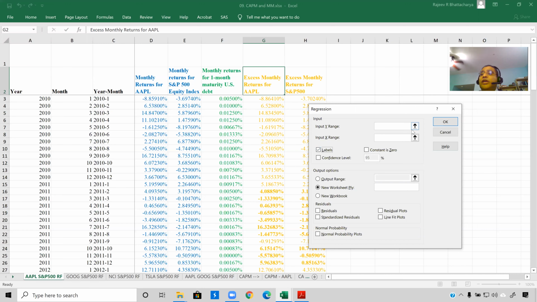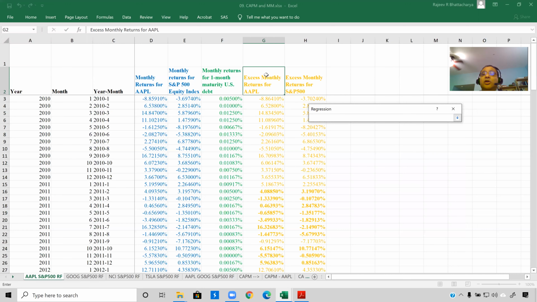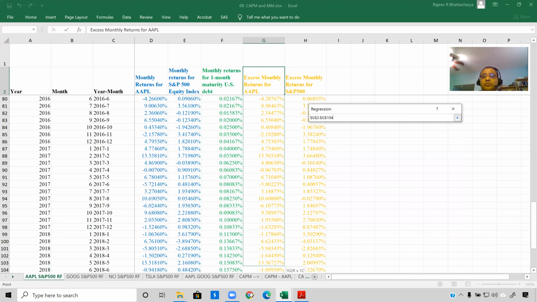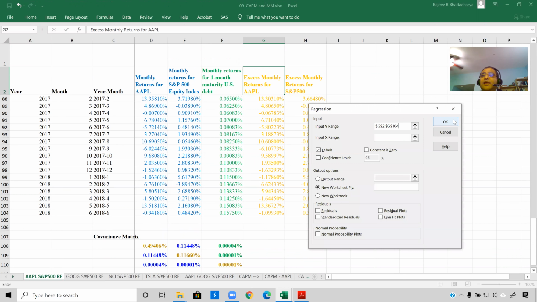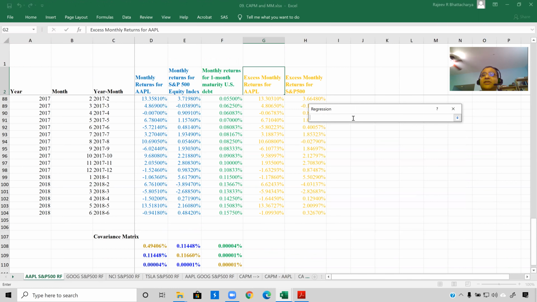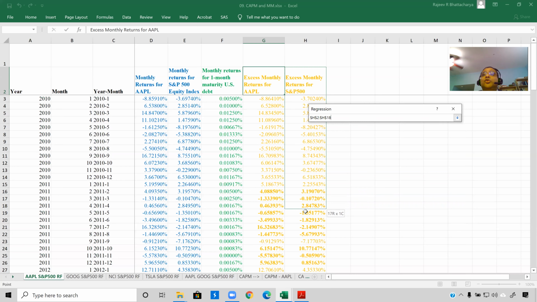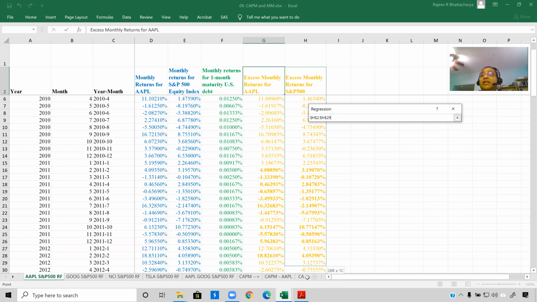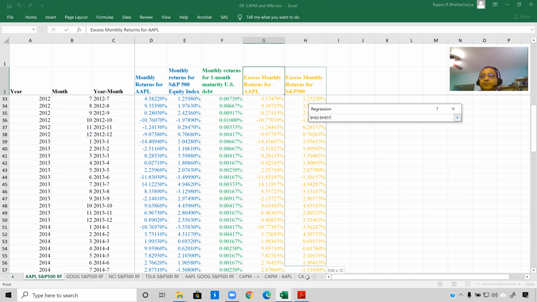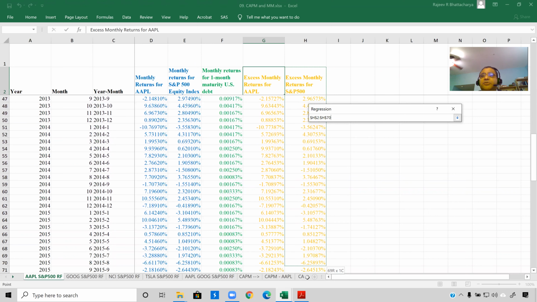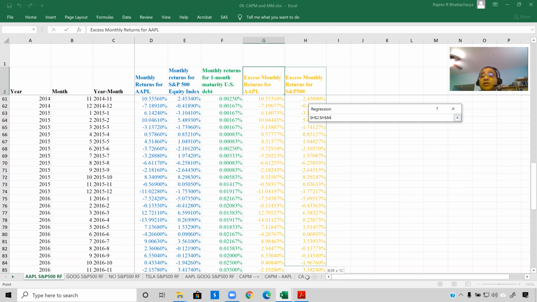So for the input Y range, go up here and select G2 to G104. Then we need to input the X range, again starting with that H2 cell, which is the label for that particular data field.